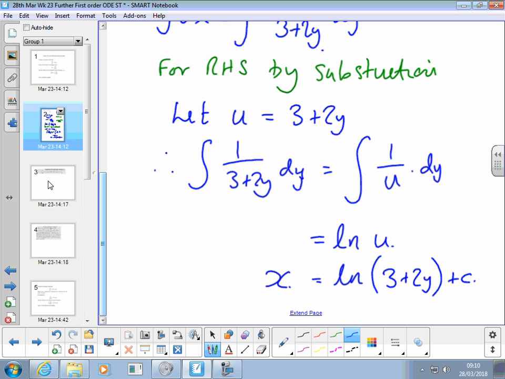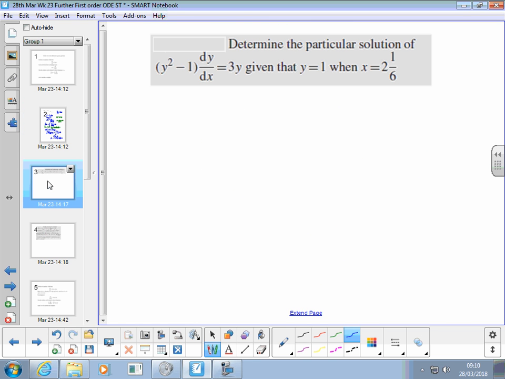So that's the general solution. Second problem: determine a particular solution of y squared minus 1 dy by dx is equal to 3y, given that y is equal to 1 and x is equal to 2 and a 6.